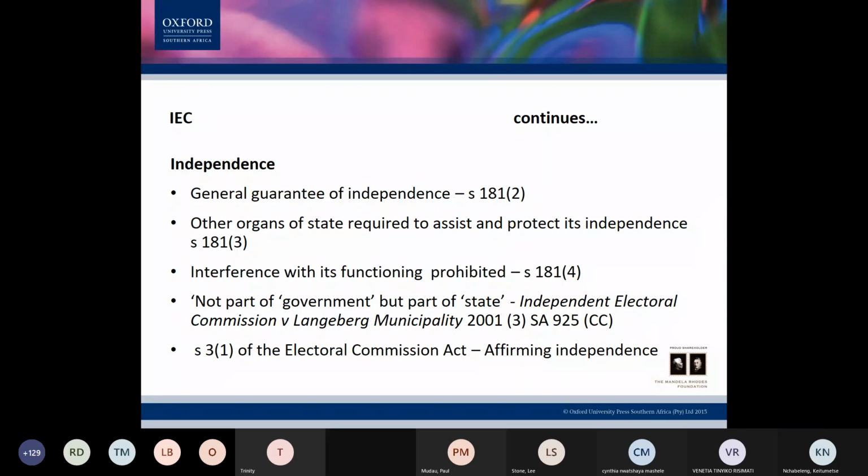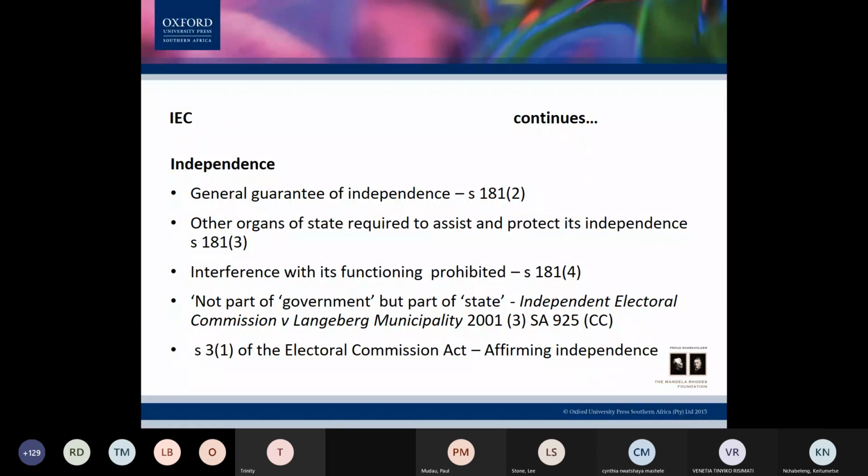In Section 181, subsection 2 of the Constitution, there is a general guarantee of the independence of state institutions that are supporting constitutional democracy. This independence is actually applicable to all of them.